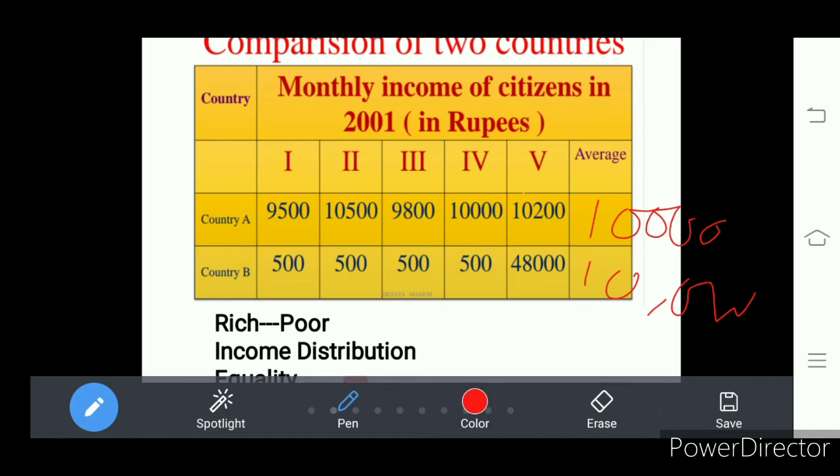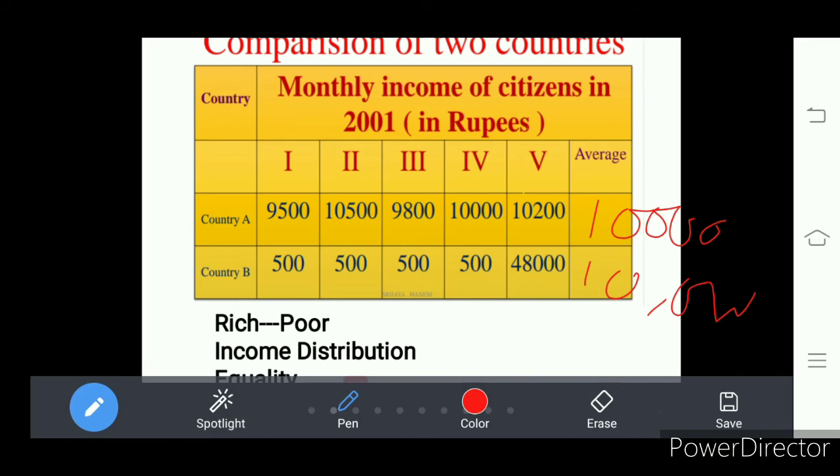So if you take per capita income for measuring or comparing the nations, can you find out the equality with the per capita income? No, right? Because in country A, equality is there, but in country B, inequality is there, right?